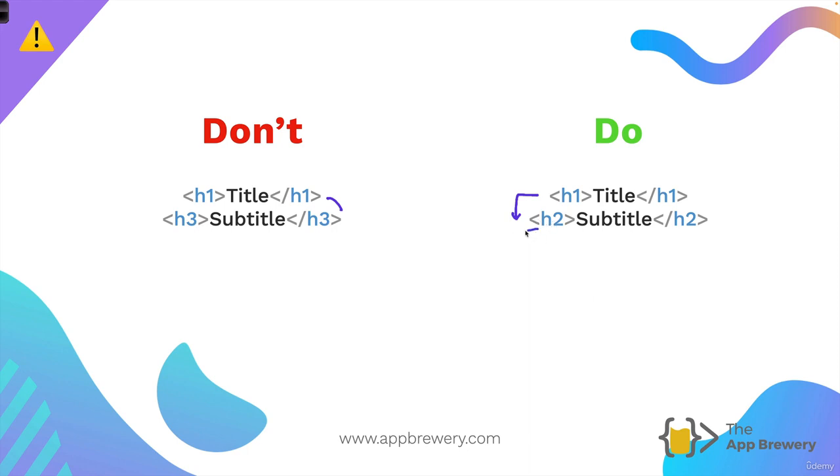And then if you need another level of heading that's even lower in priority, go to an H3. Don't jump between the different level headings. These are not things that will break your code. Your website will still look fine, even if you break all of these rules, but they're just rules for convention. And because we're going to be professionals, we're going to start off on the right foot and learn all the rules that we need to know.